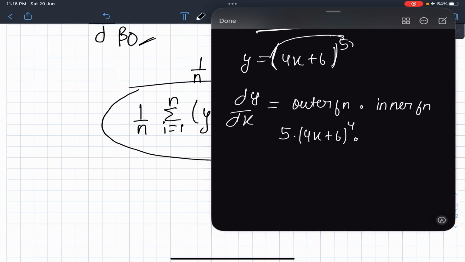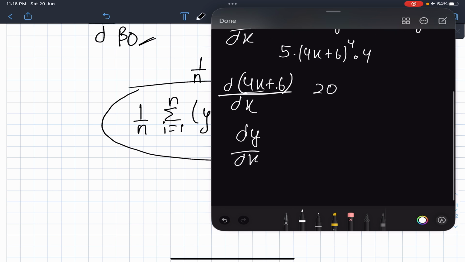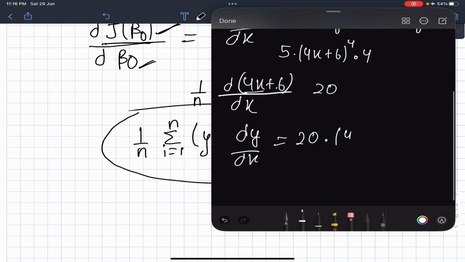It is how much this changes when x changes. The derivative of 4x plus 6 with respect to x: the derivative of 4x is 4, and the derivative of 6 is 0, since the derivative of a constant is 0. So dy by dx is 20 times (4x plus 6) to the power 4.